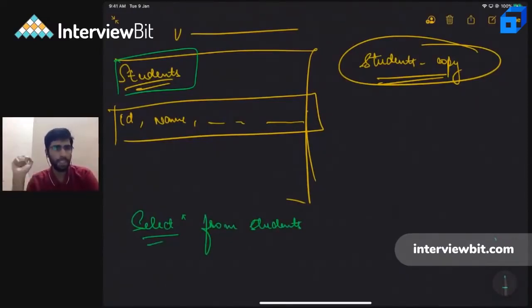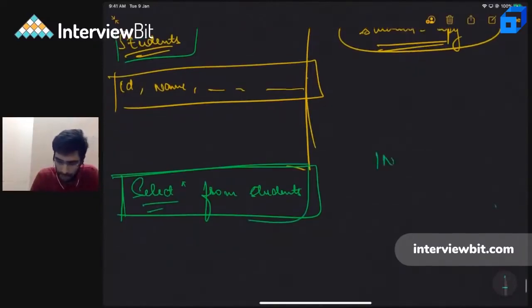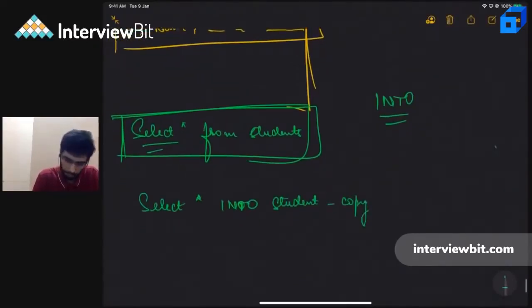But what should I do now? I need to store that structure into some other table. SQL allows another keyword, which is INTO. I say SELECT star INTO student copy FROM students.